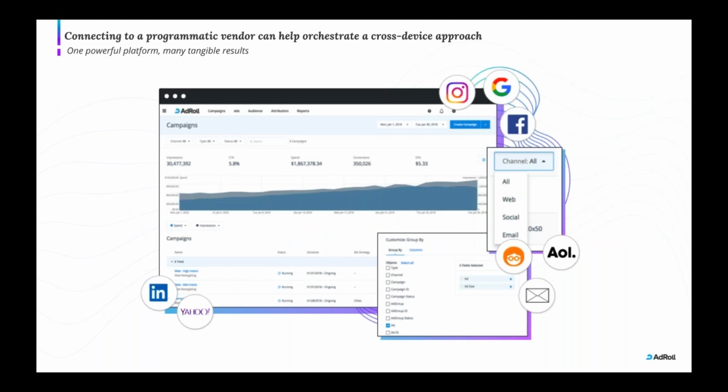One thing that's really important here is that you're gonna wanna make sure that all of these are connected. One really easy way to do this is to use one powerful platform like AdRoll to make sure that you can connect the results for Facebook and Instagram, other social media platforms as well, to make sure that you can orchestrate your campaigns across these devices and across these platforms and across your different cross-platform devices to make sure that you're understanding which ones are actually performing for your business.